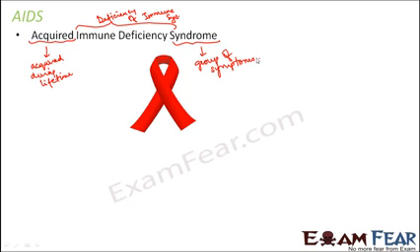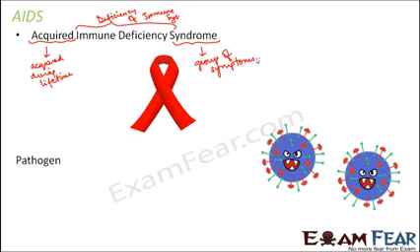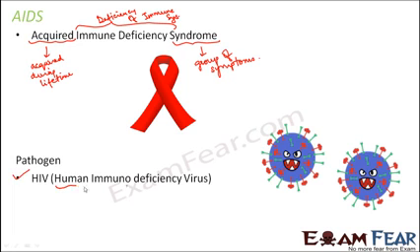So the medicines can only help in increasing the longevity of the patient. That's all. So the pathogen which causes AIDS is a virus, and it is the HIV, that is human immunodeficiency virus.